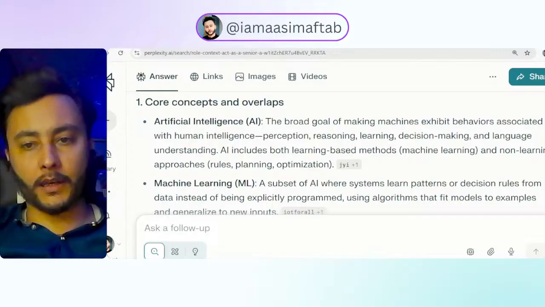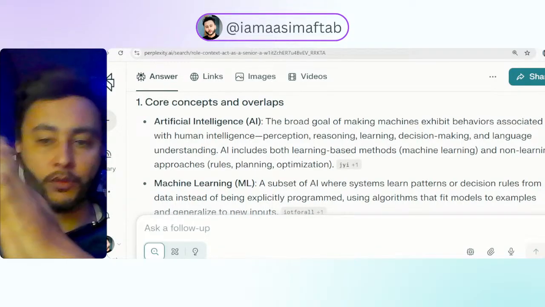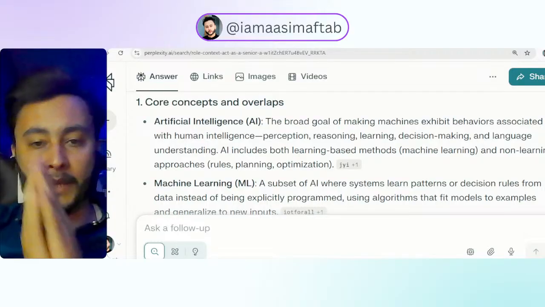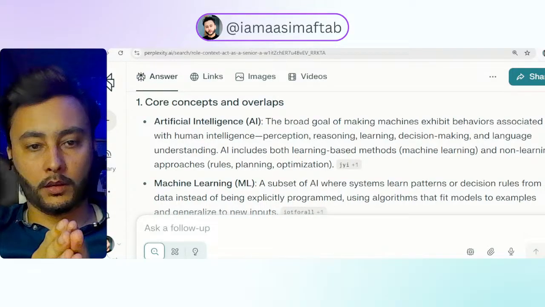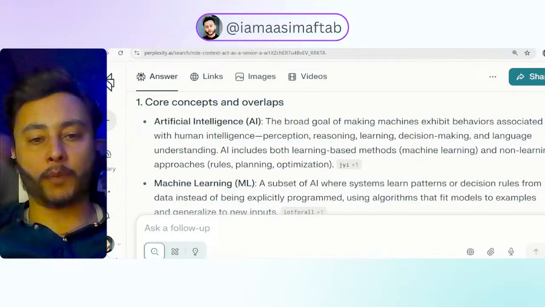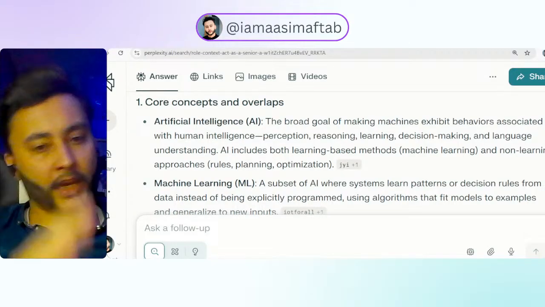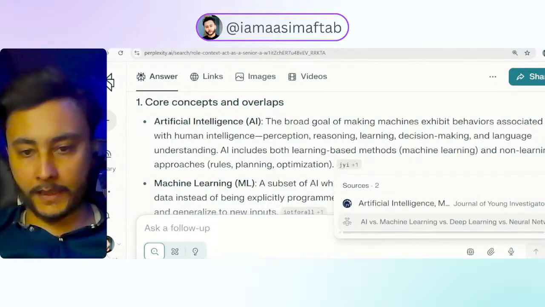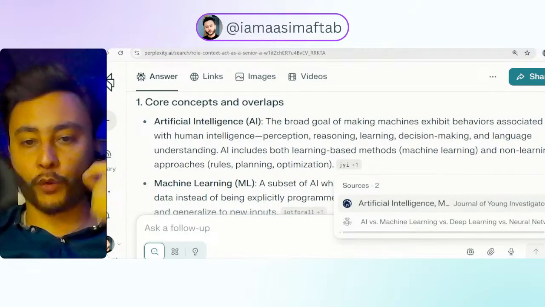Machine learning is teaching a machine how to think and take decisions on its own by training it with data. But you can make it by rules too. When you give the AI some rules to follow, it will do just that. Okay, here is the link from official and authenticated resources.